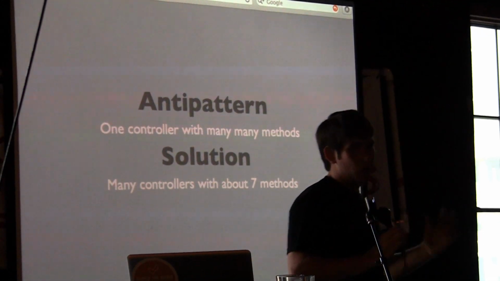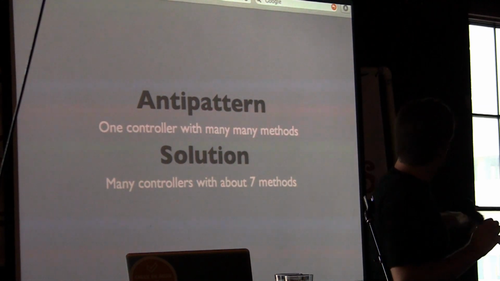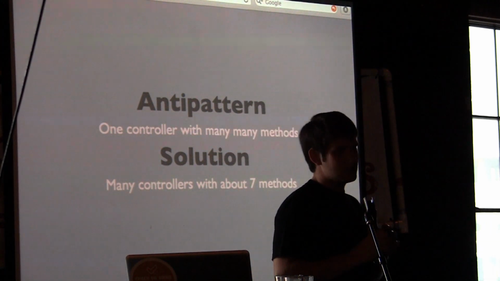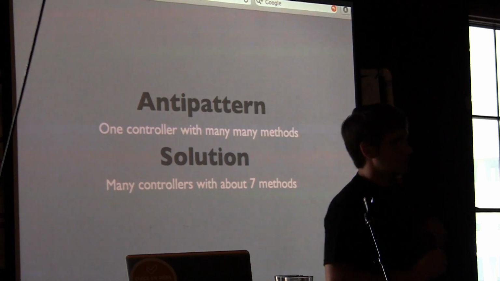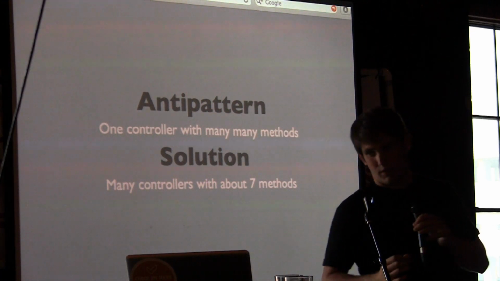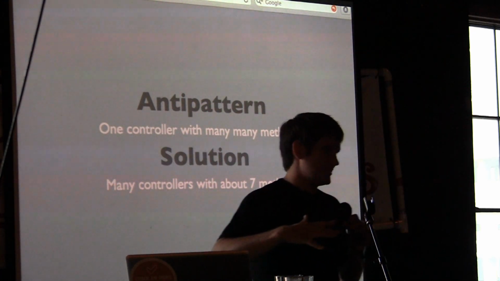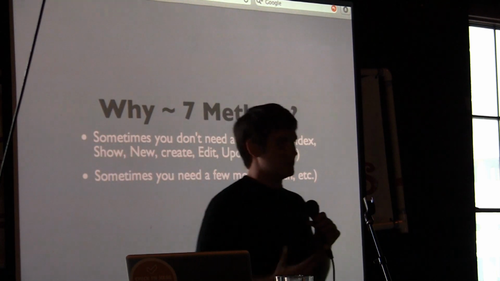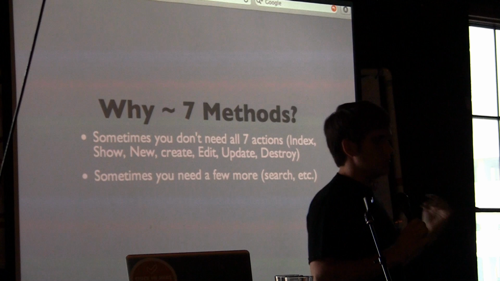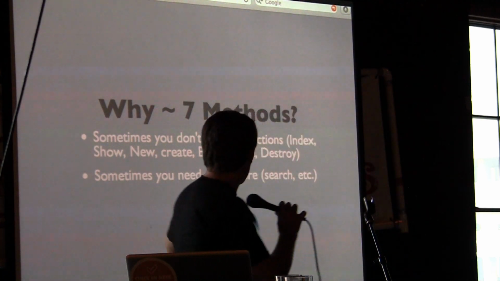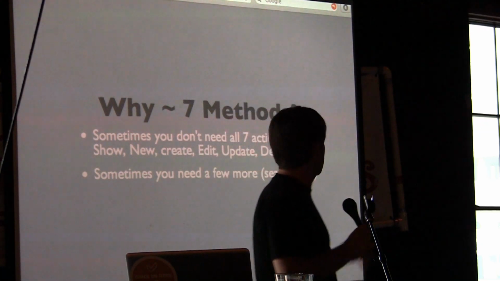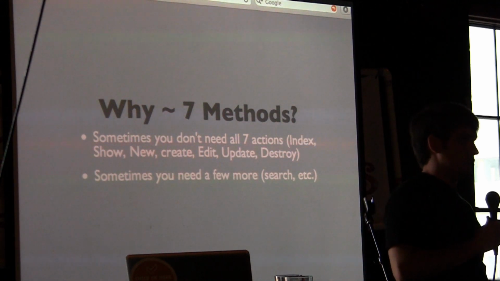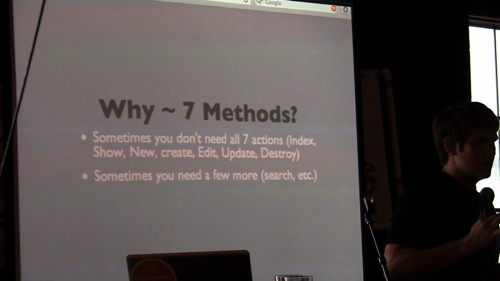So our controller anti-pattern is one controller with many, many methods. And the solution is going to be to use many controllers with about 7 methods. So why 7 methods? Those are the ones that I showed you previously. These are your index, your show, your new, create, edit, update, and destroy. And those correspond to your CRUD actions.